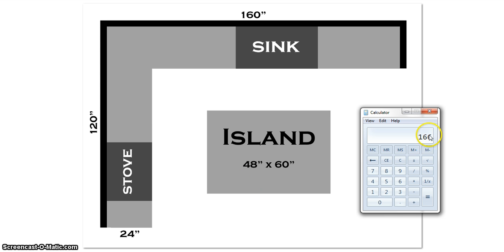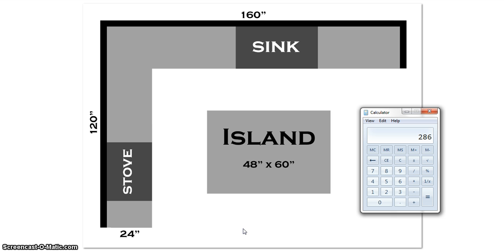So from our 166, we're going to add 60 inches for this side right here. And we get 226. We now need to add another 60 for this side up here. We now get 286. So we have 286 inches of total front edge where we're going to be using lazy tiles.